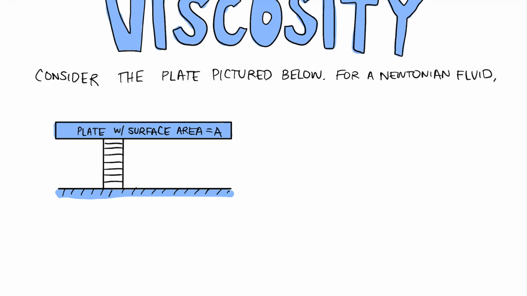All right, so here's our plate with a Newtonian fluid in this region between our plate and the ground. And I want you to think about this fluid as a bunch of different smaller slices stacked on top of one another.